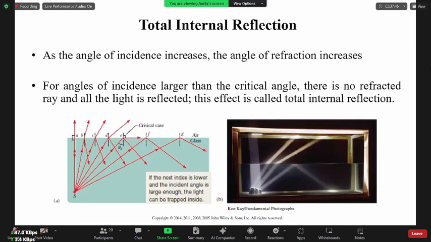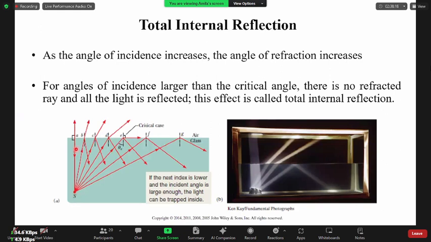Right. So what happens if we increase the incident angle more and more? Initially we learned it will refract, then it will refract along the surface at the critical angle. And if I increase this incident angle more, like this, here this is the source.